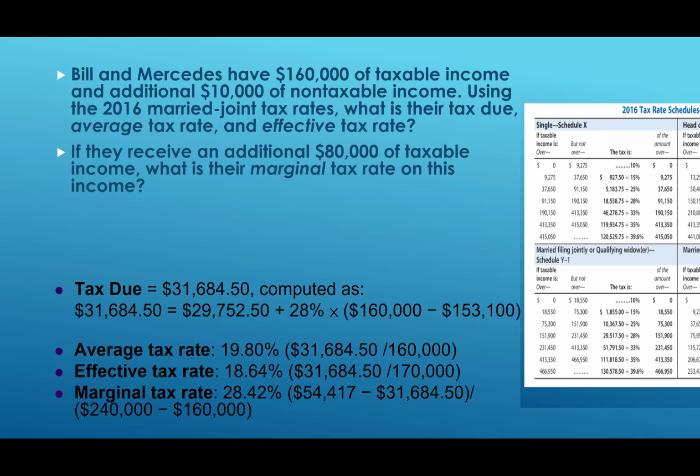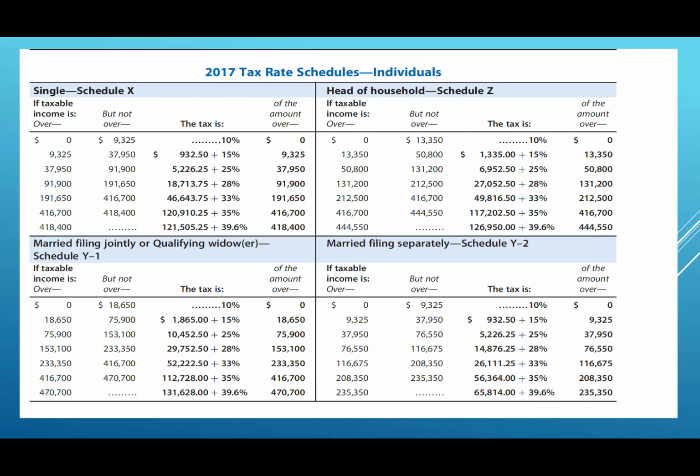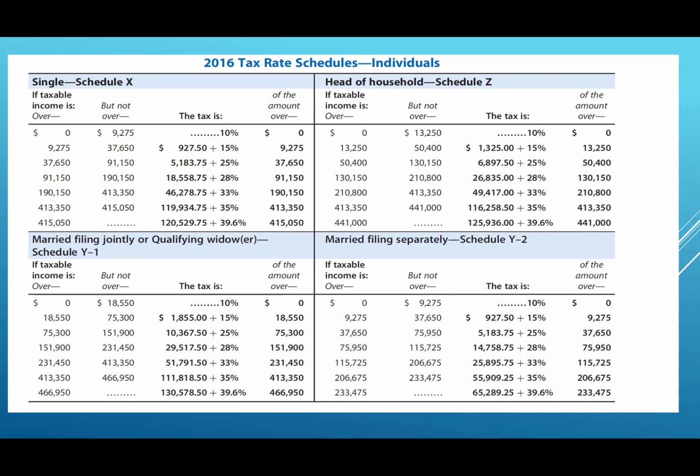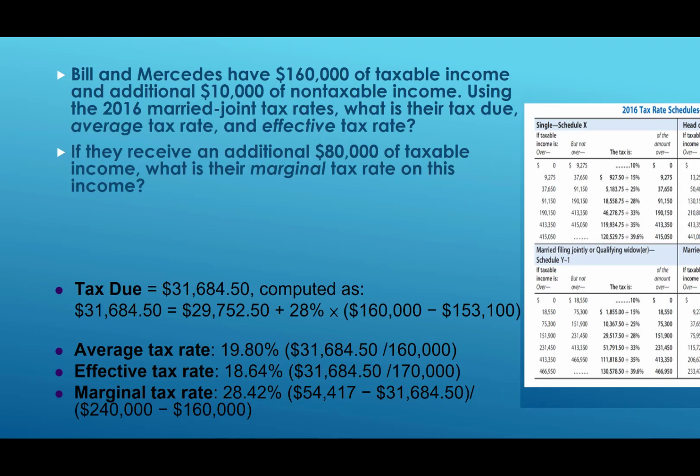Yeah, this is 2016. On 2017, it would be that other amount. So it's the 29,752 plus 28% of the amount over the lower amount of 153,100. It gets hard to kind of get all this on one page here so we can do it properly. Okay, so you can see the calculation there.